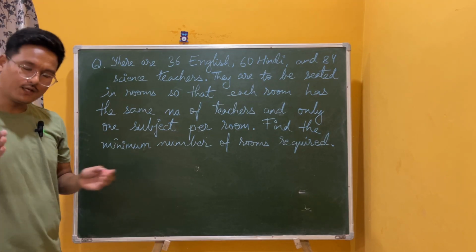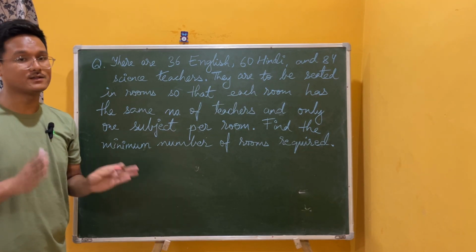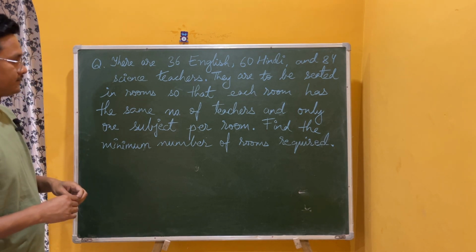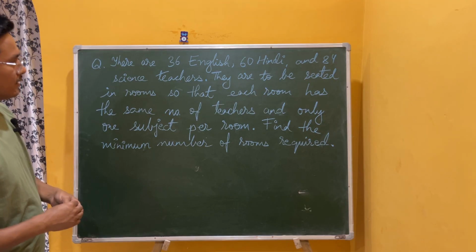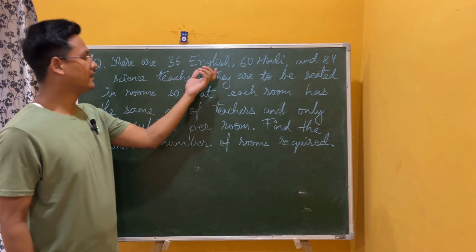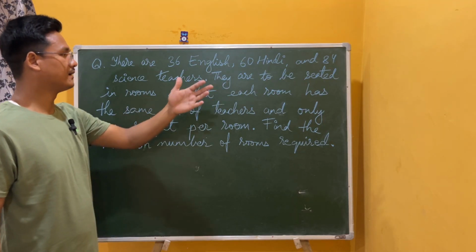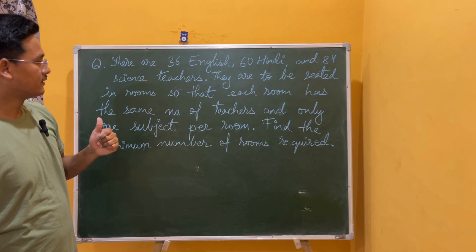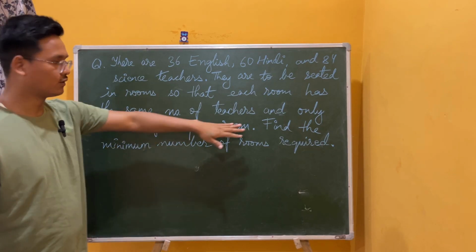Also, in each room there must be teachers from only one subject. Similar to the previous one, where instead of these subjects we had apples and oranges and baskets for rooms.